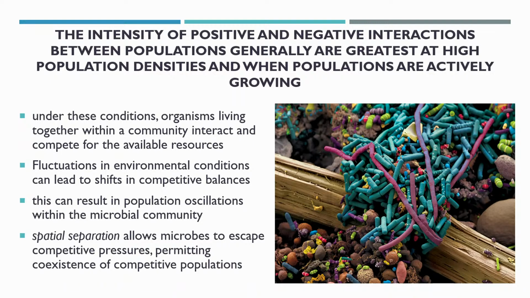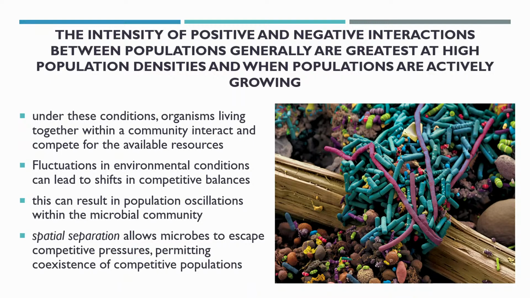Spatial separation is just the ways that different communities are separated from each other. This is very relevant in the human microbiome because a lot of our niches where we find microbes are separated. Like I said early on in this lecture, we have populations of microbes in our airway that are different from our gut, that are different from our skin.